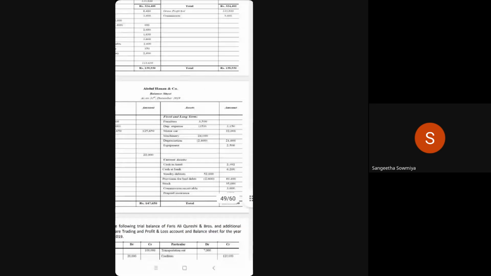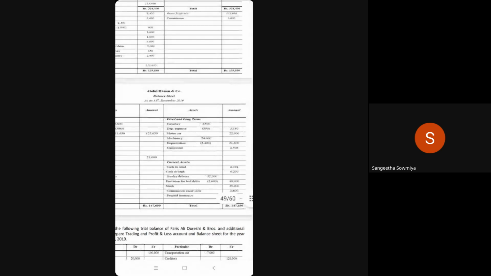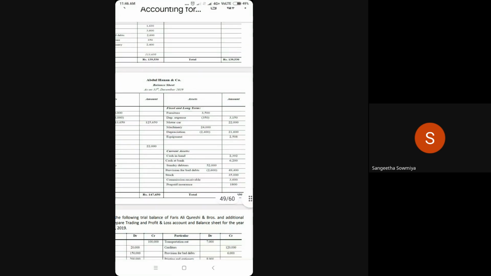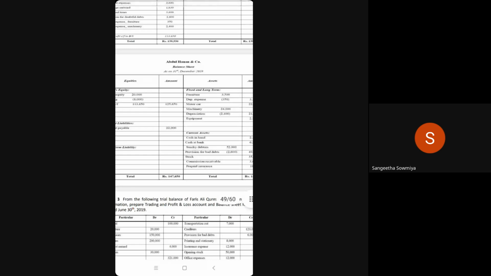Then asset side, fixed assets and long-term assets. Fixed assets, that is furniture less depreciation, motor car, machinery less depreciation, then equipment, these are all fixed assets. Then current assets, you have to write cash in hand, cash at bank, debtors.